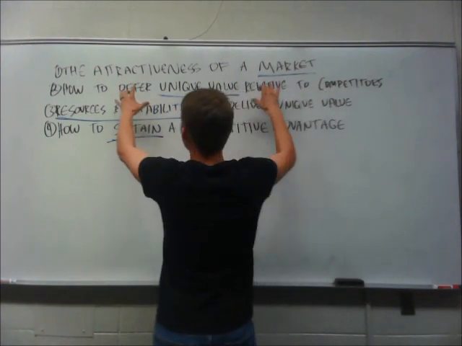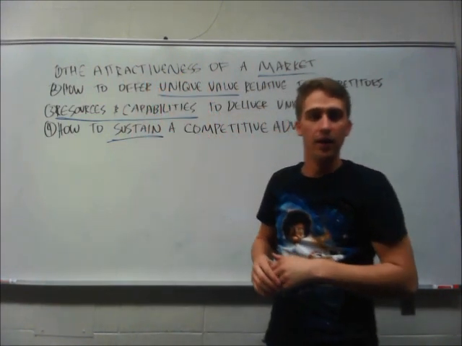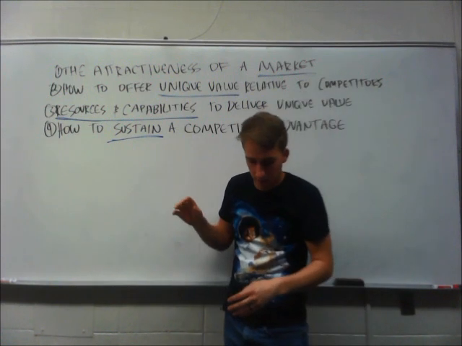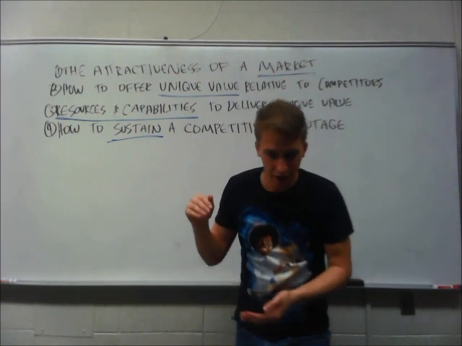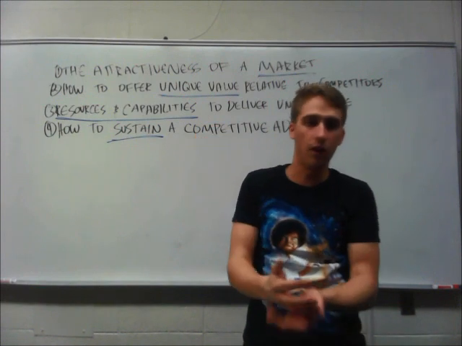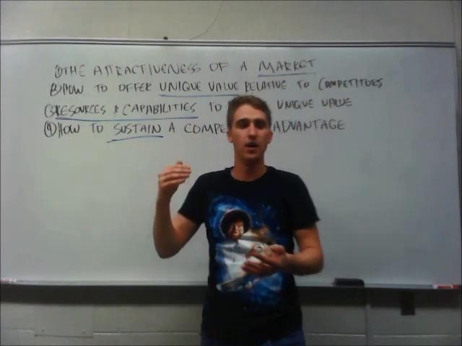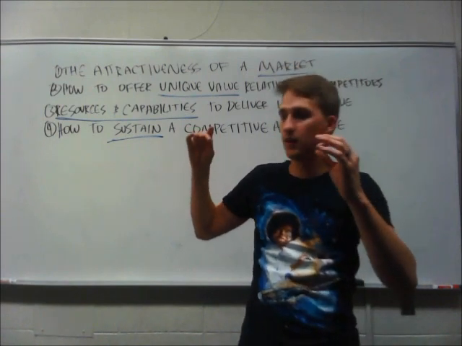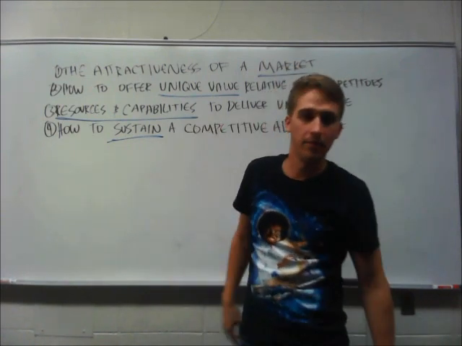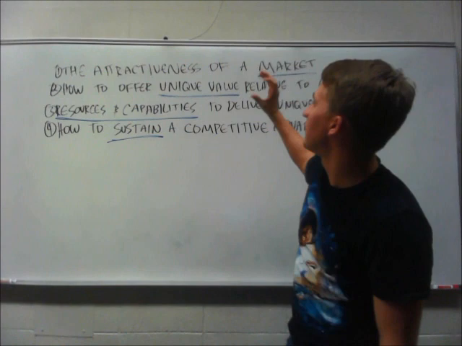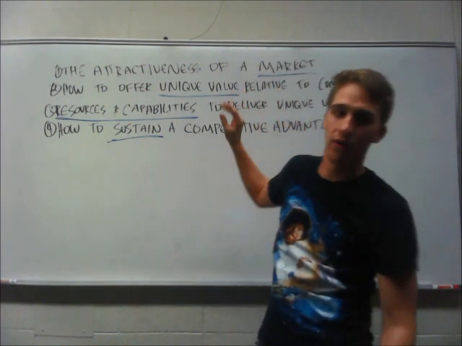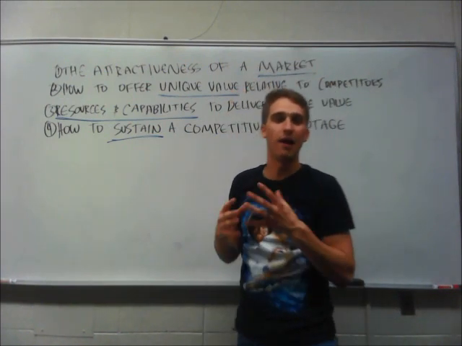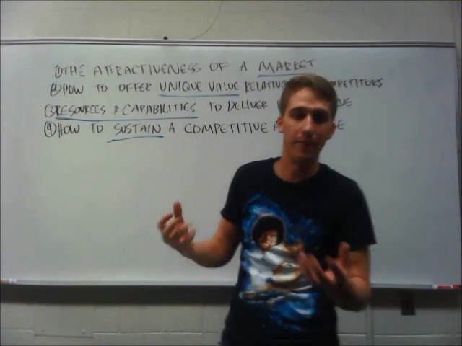Not the unique value that they're trying to provide, but is their mission to provide great clothes, or is it to provide great or attractive pictures? I don't know. I'm making stuff up. So it's different from the unique value. The company's mission is their primary purpose for being a company.